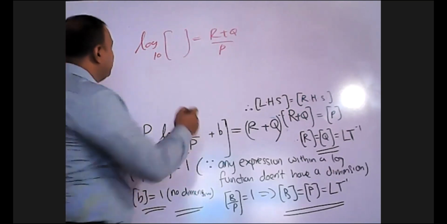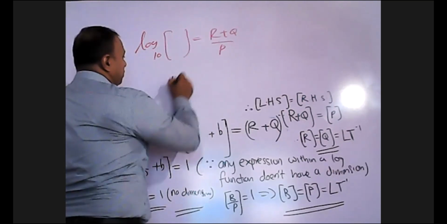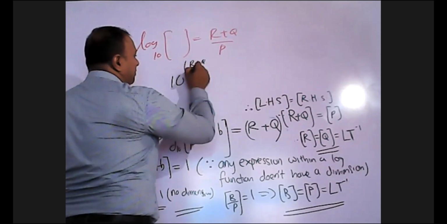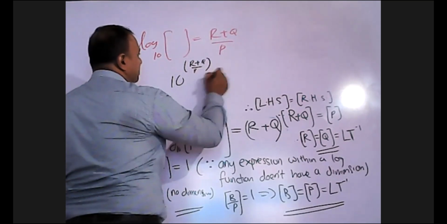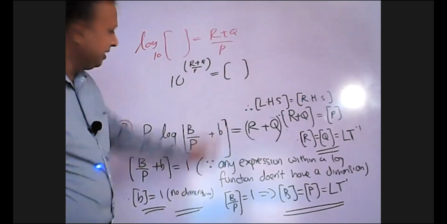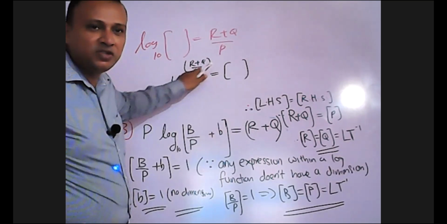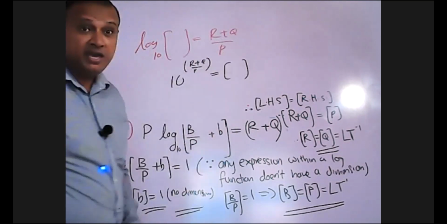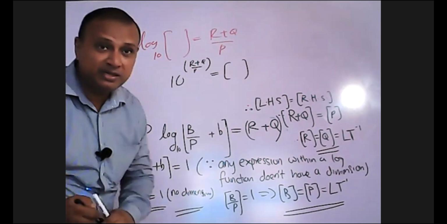Then you can write 10 to the power, r plus q over p is equal to this part. Now, this one is a number. This entire thing, r plus q over p, is a number. Do you understand this one?